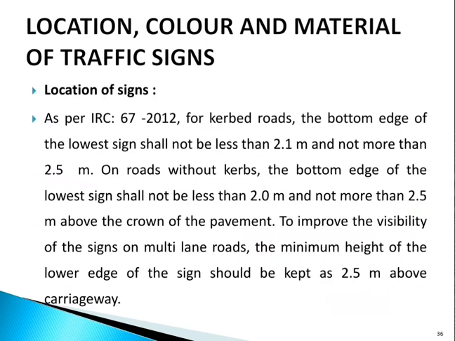On roads without curbs, the bottom edge of the lowest sign shall not be less than 2 meter and not more than 2.5 meter above the crown of the pavement. To improve the visibility of the signs on multi-lane roads, the minimum height of the lower edge of the sign should be kept as 2.5 meter above the carriageway.